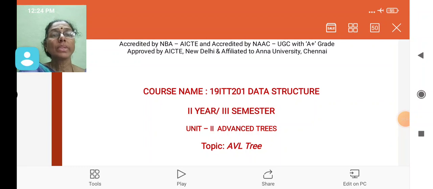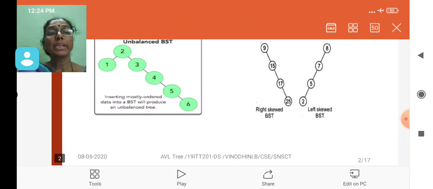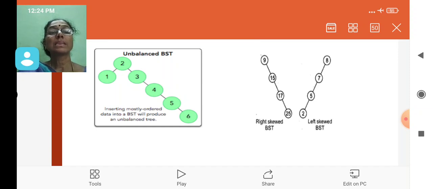In today's video we are going to see the AVL tree. In the last video we have seen the binary search tree. So what is the drawback in a binary search tree? There are several types of binary search trees, such as right skewed and left skewed.